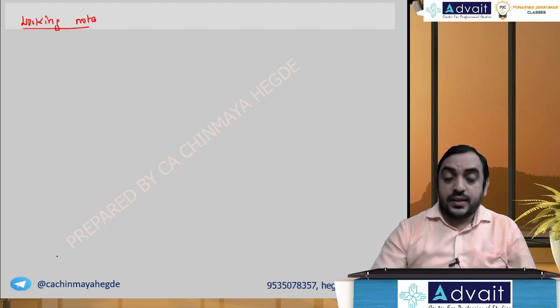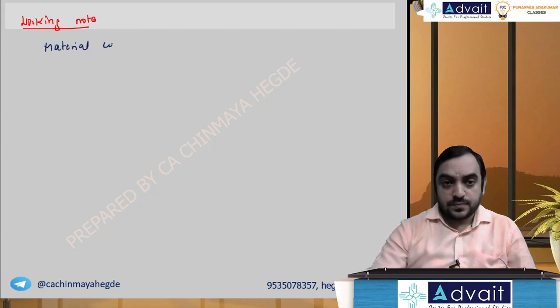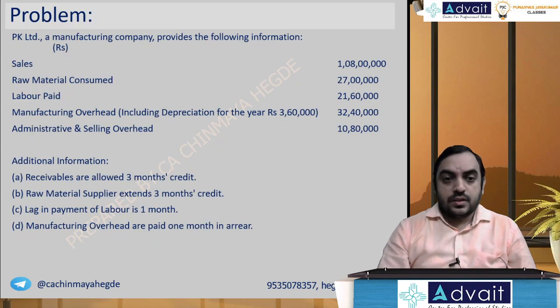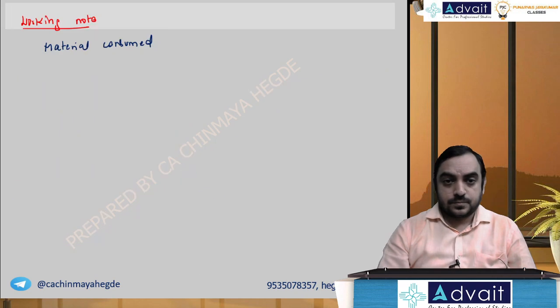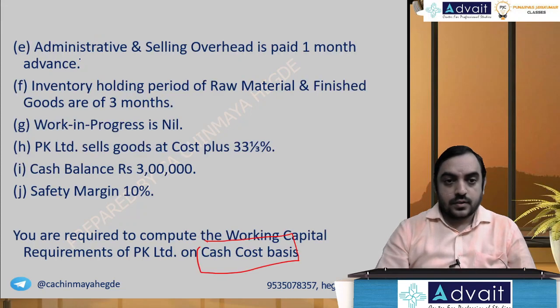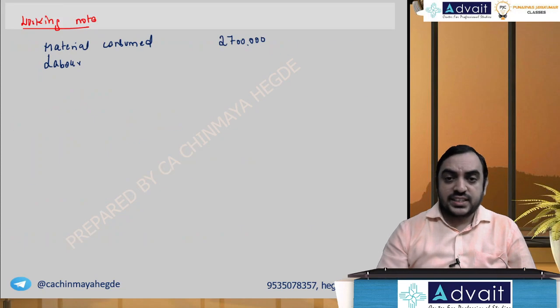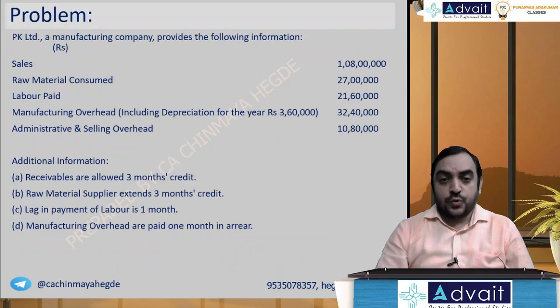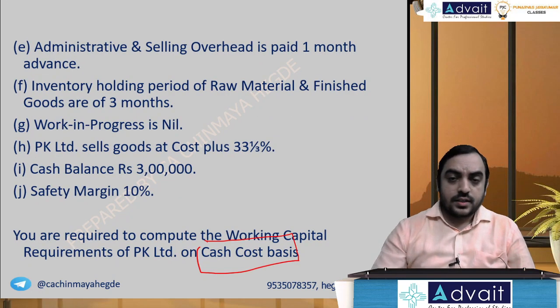So let's start with material consumed for the full year, 27 lakh. Labor paid 21 lakh 60,000. Factory overheads, manufacturing overheads 32 lakh 40,000.